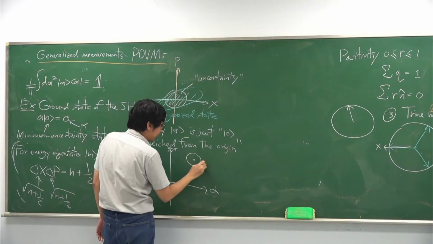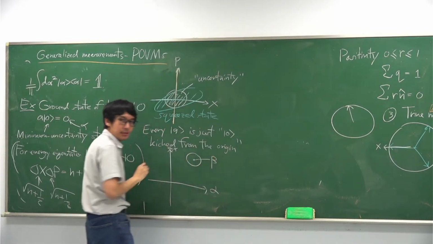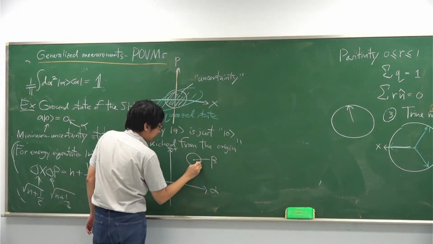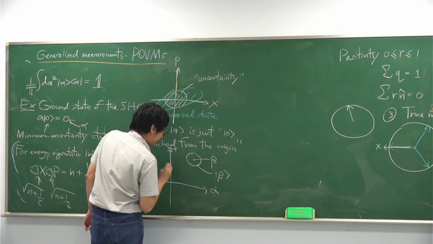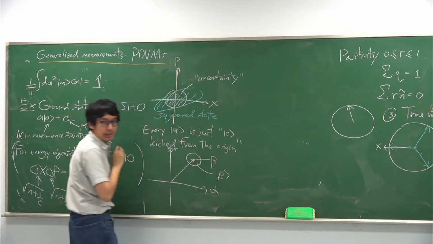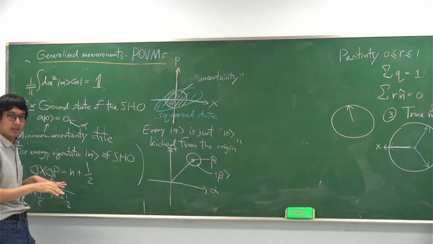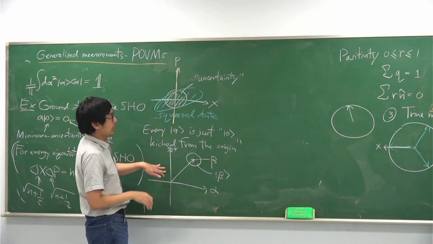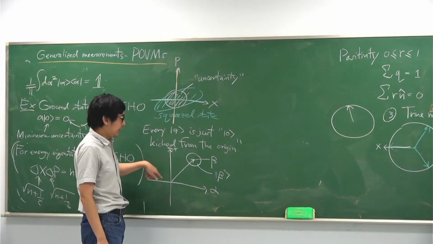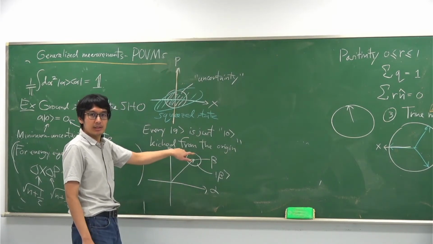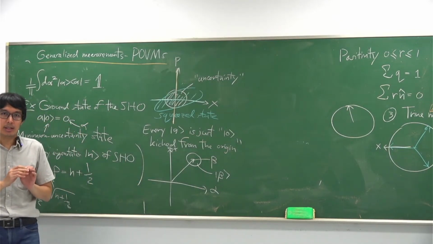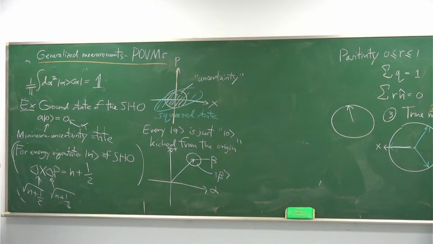So let's say this point is beta in the complex plane. This coherent state beta is really just the same Gaussian as the ground state of the harmonic oscillator that has been kicked to this point in the phase space. So it still retains its shape. In this case, it means that it still has minimum uncertainty, and the uncertainty in every direction is the same.